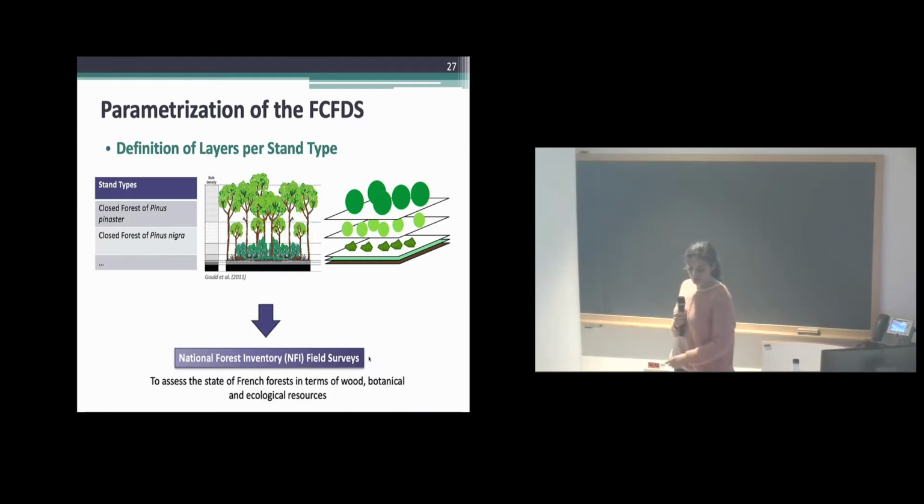That's why we chose to use the National Forest Inventory Field Surveys. These are national surveys to assess the state of the forest in terms of both botanical and ecological resources.